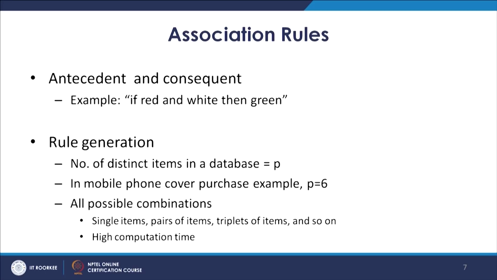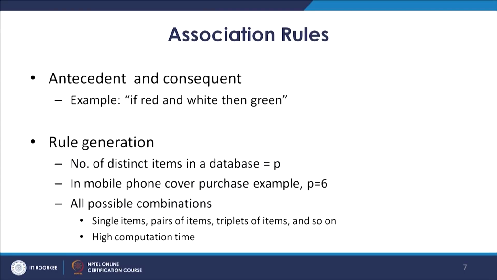Now, we will have to look at the transactions in the database where the antecedent item set, that is red and white, is present, and the consequent item set, having just one item, green, is also present. Both the antecedent item set consisting of red and white and the consequent item set consisting of just green should be present.